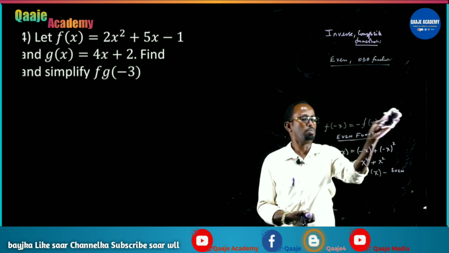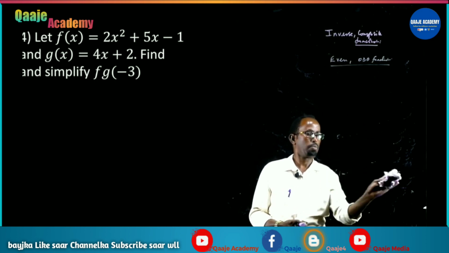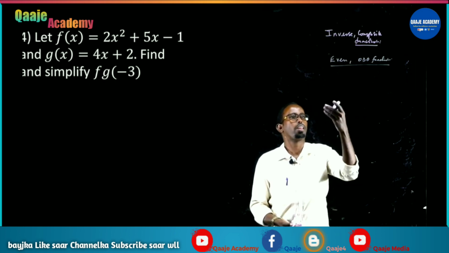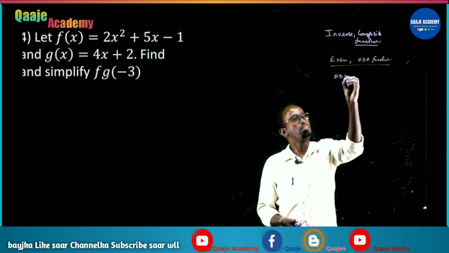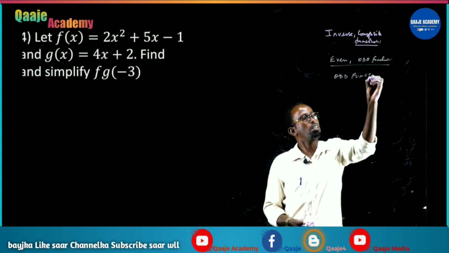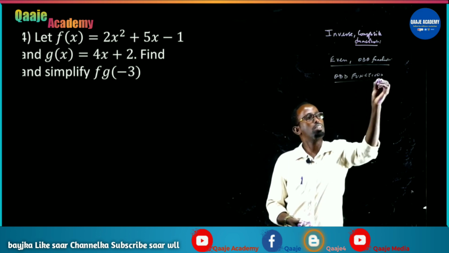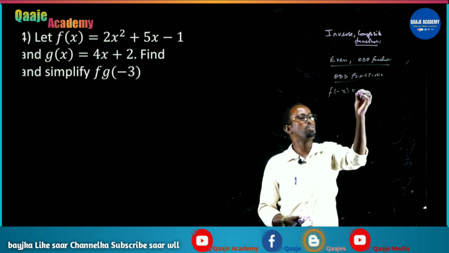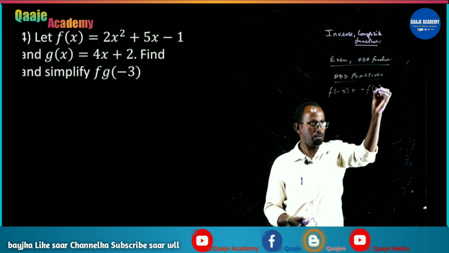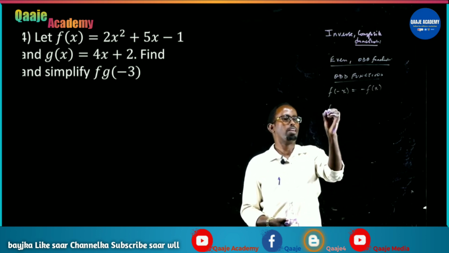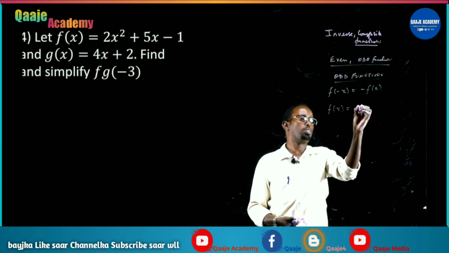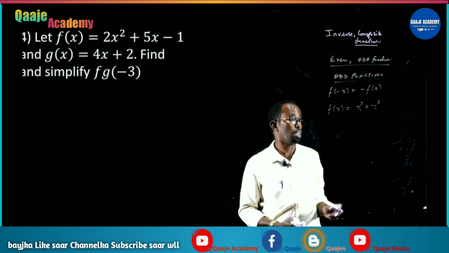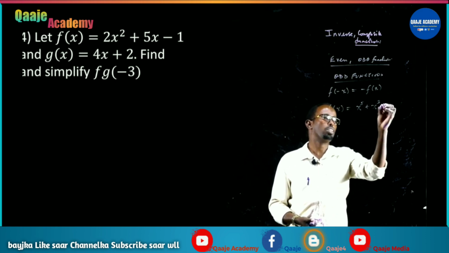Let me quickly do the odd functions. For odd functions, f of negative x will be equal to negative f of x. Now, for example, if f of x is equal to x power 5 plus x power 3, you can see both powers are odd, so this one will become an odd function.